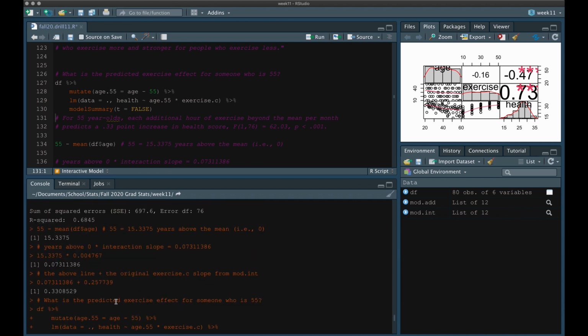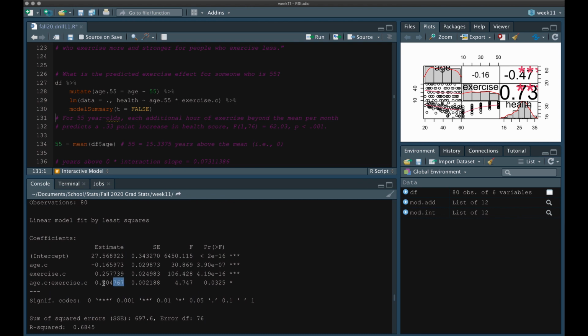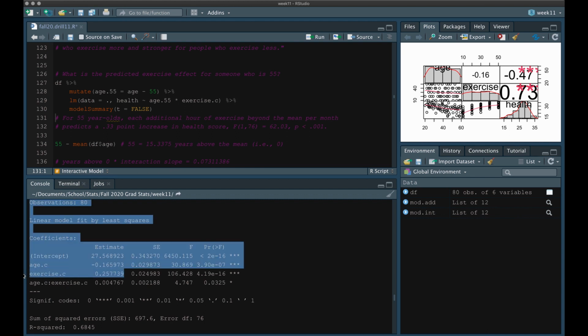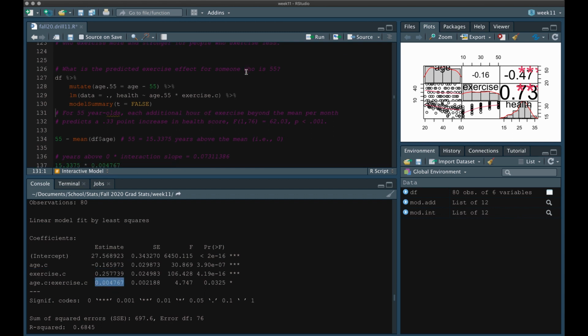It's coming from the fact that our original interactive model says that for each 1 unit increase beyond the 0 of x1, we expect the effect of x2 to change by the amount of that interaction slope. Or you can say it the other way, that for each 1 unit increase in x2, we expect the slope of x1 to change by the amount of that interaction slope.